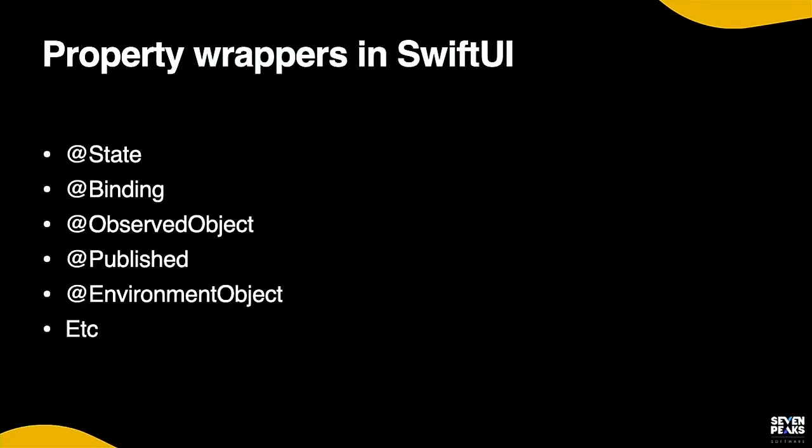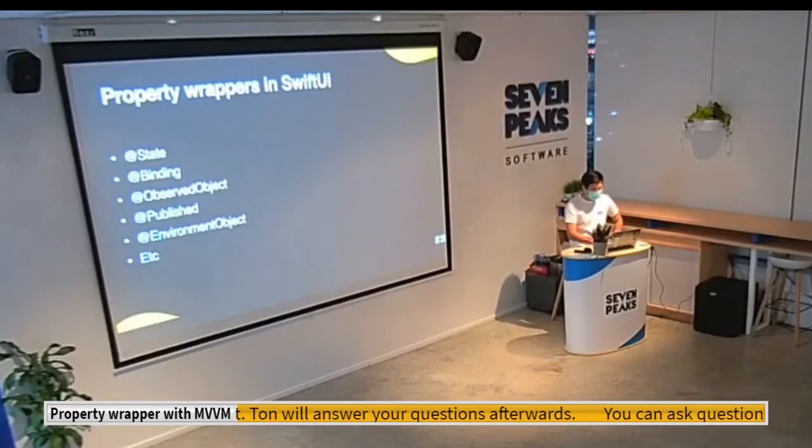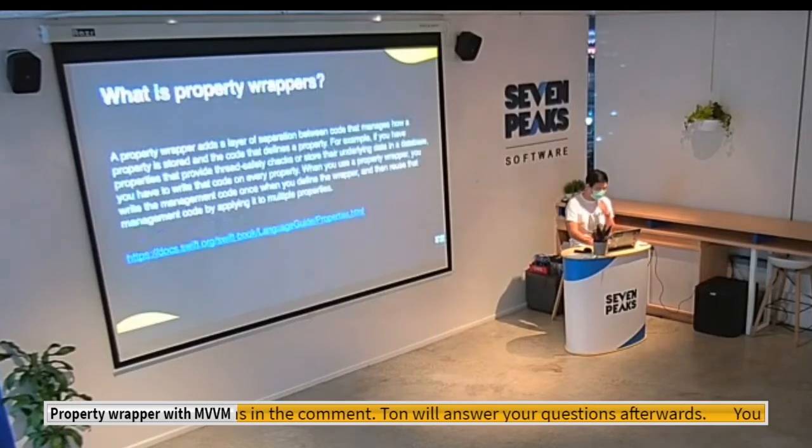Why should we know about property wrapper first? Because there are many property wrappers in SwiftUI that Apple provides us, and we often use them. So what is a property wrapper? Property wrappers were introduced in Swift 5.1.